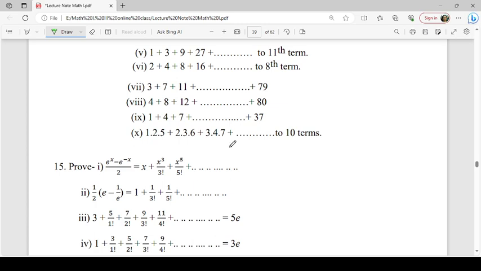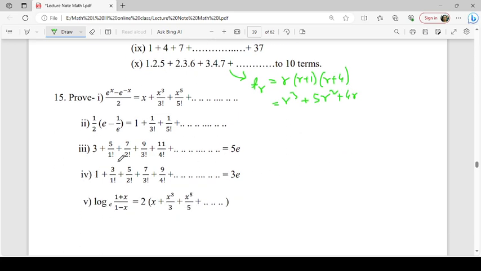So if we consider this, we will have Tr is equal to r into r plus 1 into r plus 4. We simplify it: r cube plus 5r square plus 4r. So this is sum of r cube from 1 to 10, sum of r square from 1 to 10, sum of r from 1 to 10.